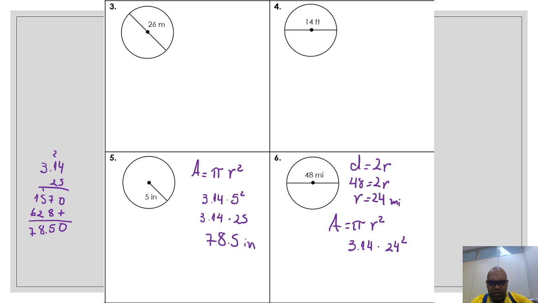Oops, not 314, 3.14. Okay, nice. It is 1808.64. It is our area, guys. Area for this circle. And what unit? The unit here is miles square. Why miles square, mister? Because we're talking about the amount of space. This is miles square. Great, guys.